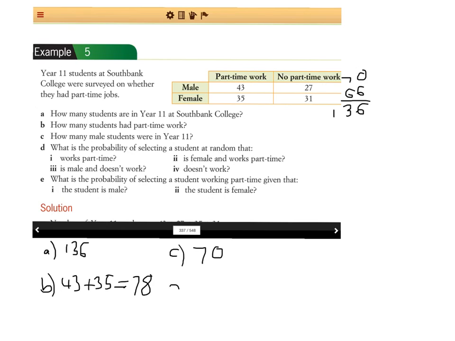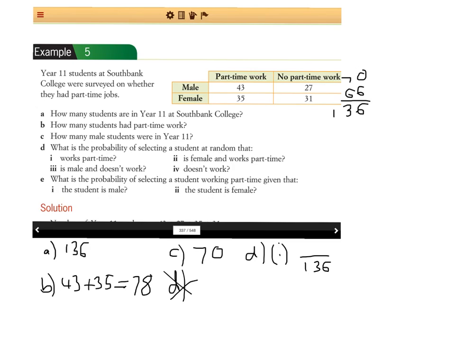Question D. What is the probability of selecting... Here's the challenging part. And I probably need more space for question D. Part 1. What is the probability of selecting a student at random that works part-time? If we're just looking at all the students, it's going to be out of 136.